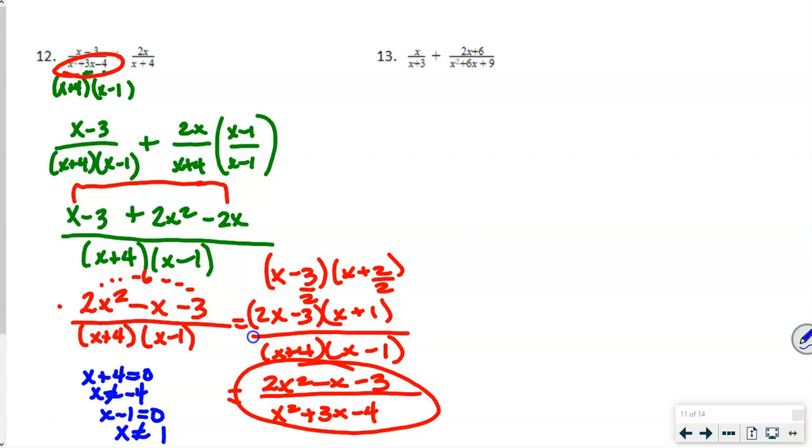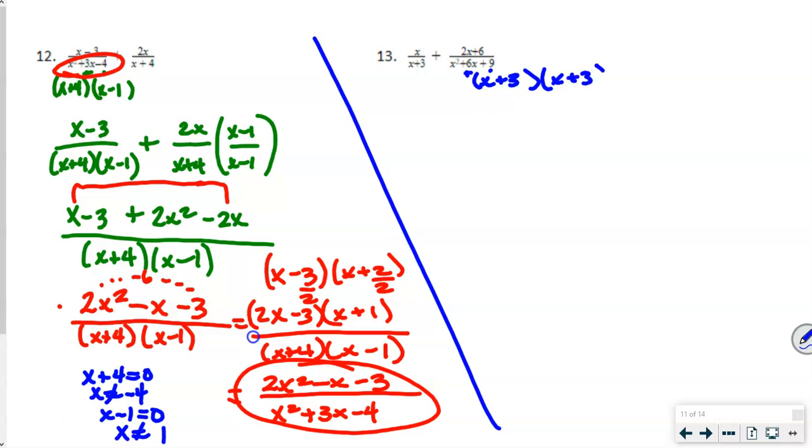So here we go again on this one. So this factors out. What are the factors, again, we're going to ask ourselves, of 9 that add up to be 6? So that would be x plus 3 and x plus 3, right? So when we're looking at this one over here, the left one, we have to give it a common denominator.